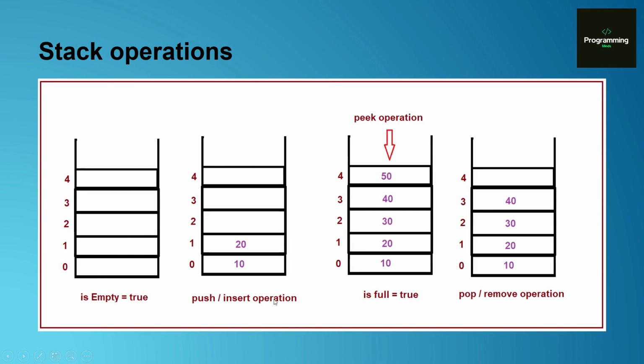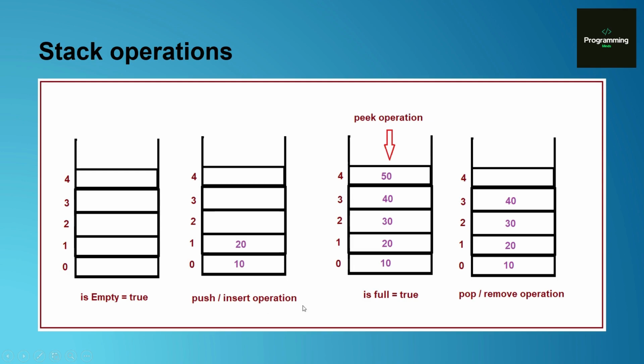As I have shown here, we have the push or insert operation mentioned, and we have added 10 at the 0th index, which is at the bottom, and we have added 20 at the top. So we can add a new element at the top of the stack.